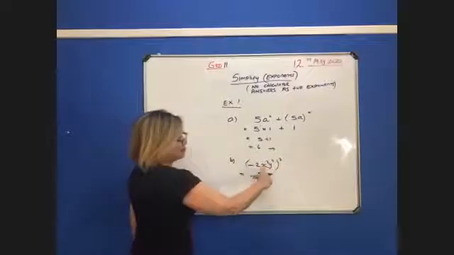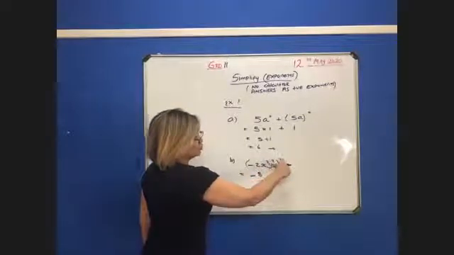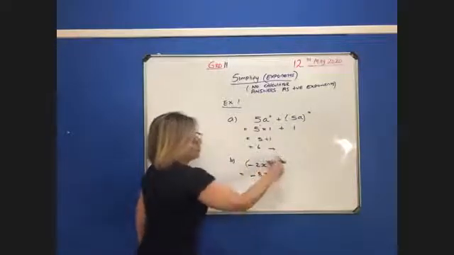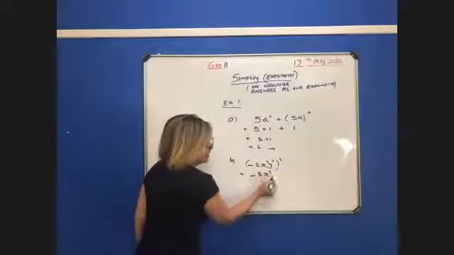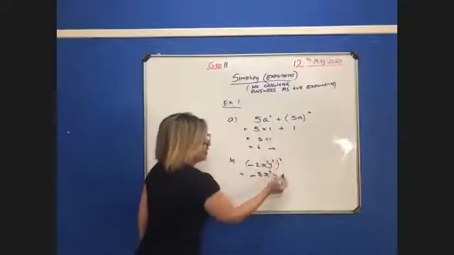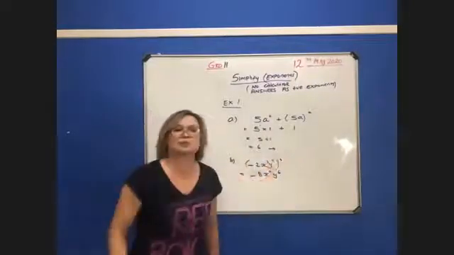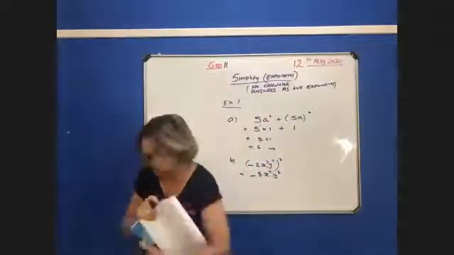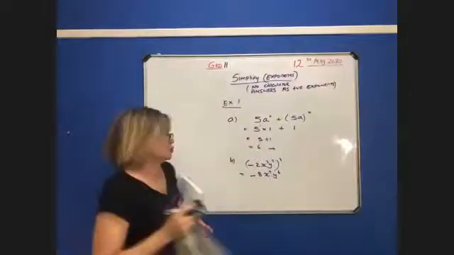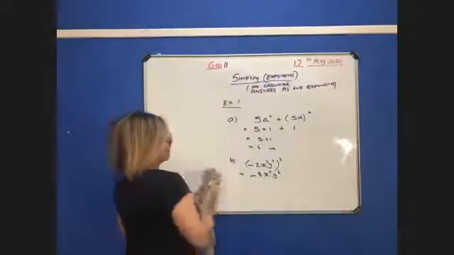Remember, when you have a base to the exponent raised to the exponent, you multiply the exponents. So that is 9 and 6. When you raise an exponent to an exponent, you multiply, you do not add. All right, so those were the first two, A and B.